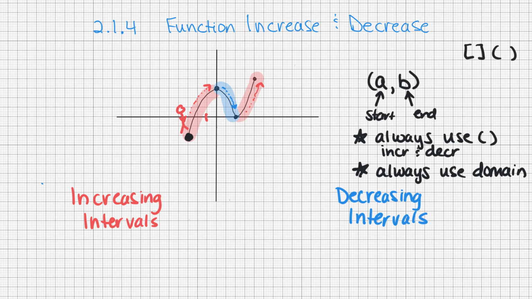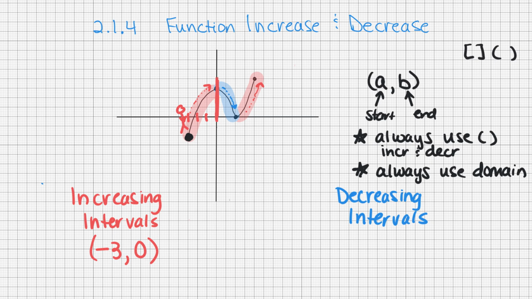I'll help you out. -3 to, where does it stop? What's that x value right there? 0. And we're going to put parentheses around it. Now again, that does not represent the point -3, 0. It's from -3 to 0.